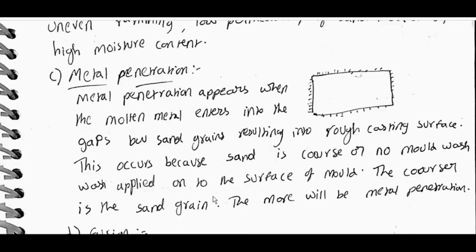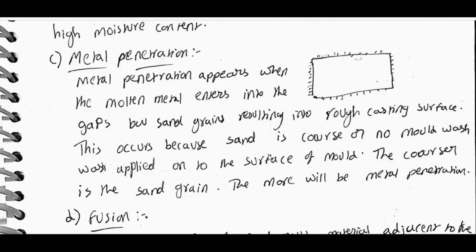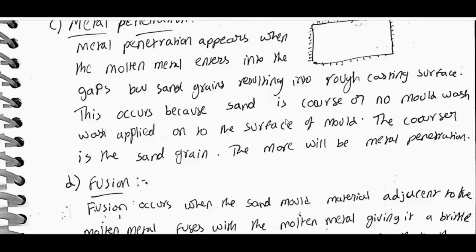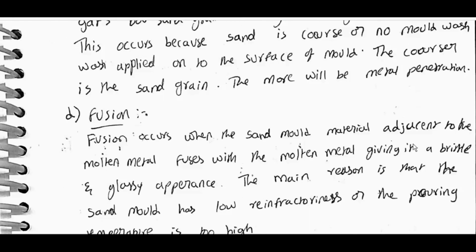Metal penetration appears when molten metal enters into gaps between sand grains, resulting in a rough casting surface. This occurs because the sand is coarse, or no mold wash is applied onto the surface of the mold. The coarser the sand grain, the more the metal penetration.